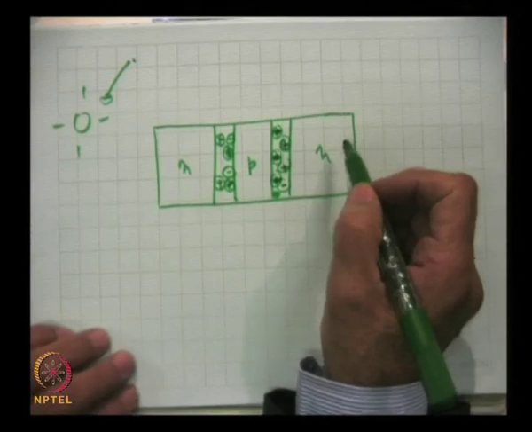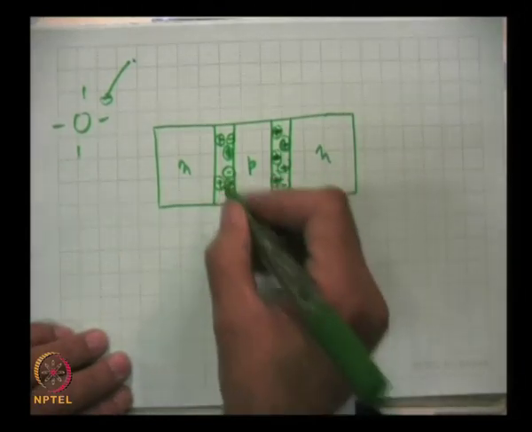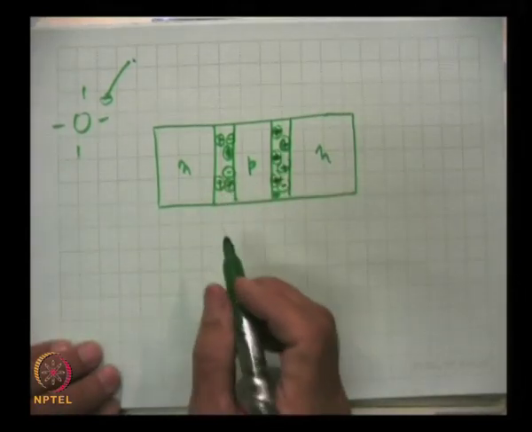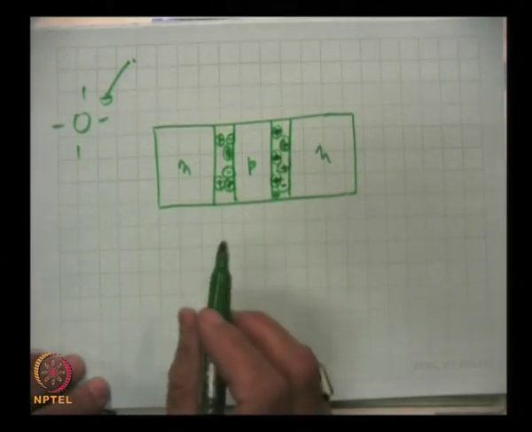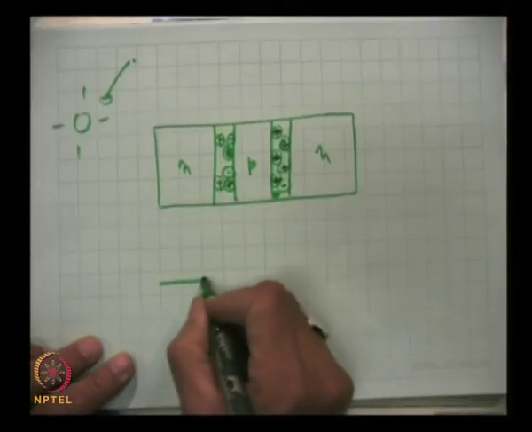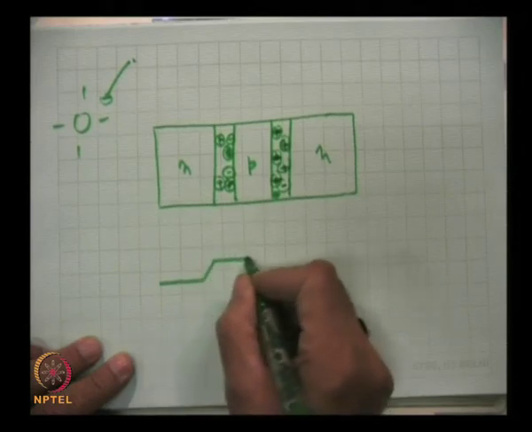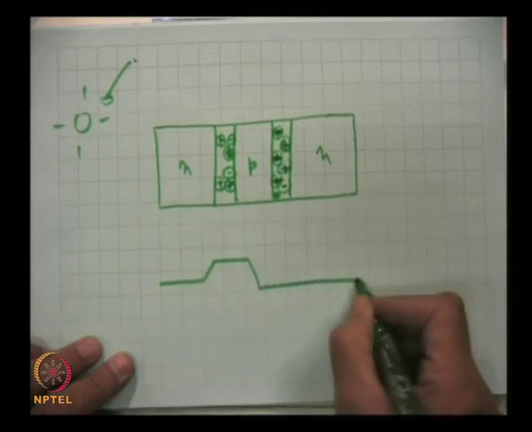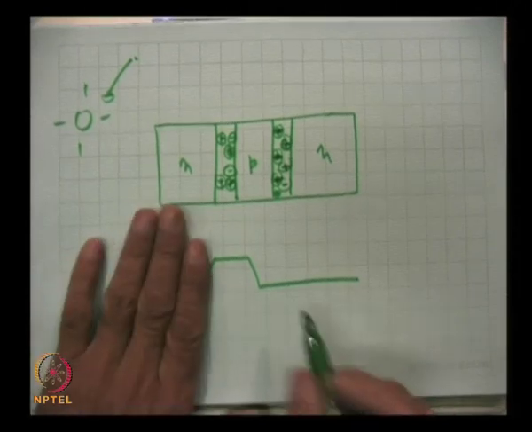So, a potential energy diagram for the transistor can be drawn, and it is like this.